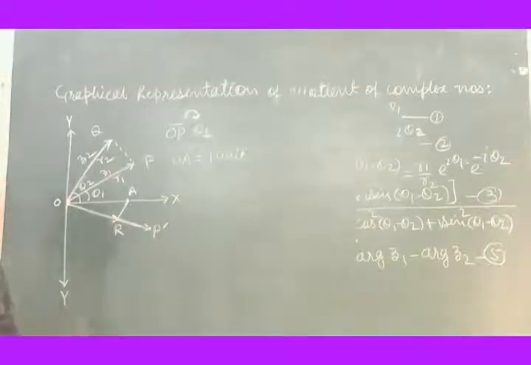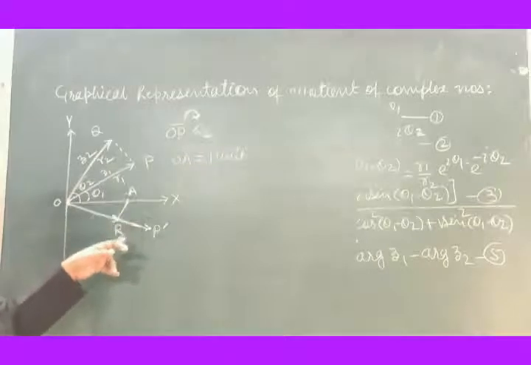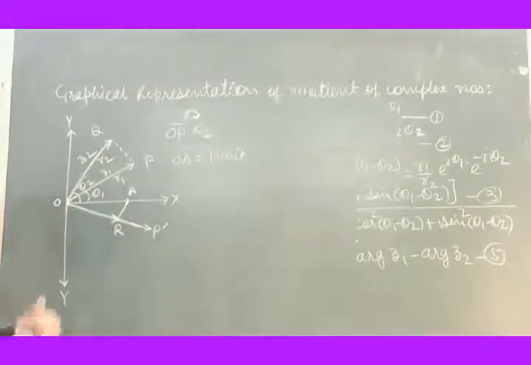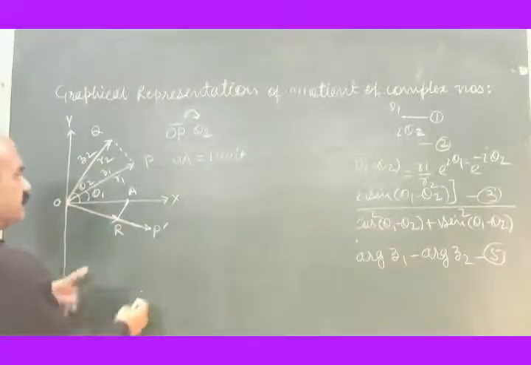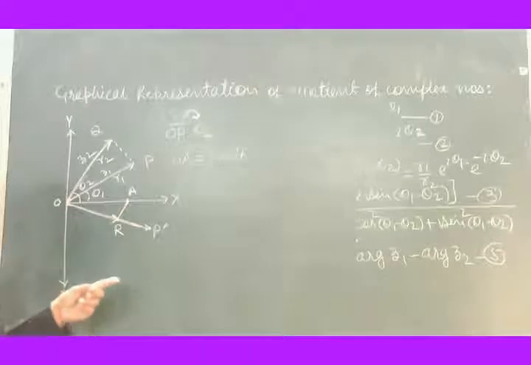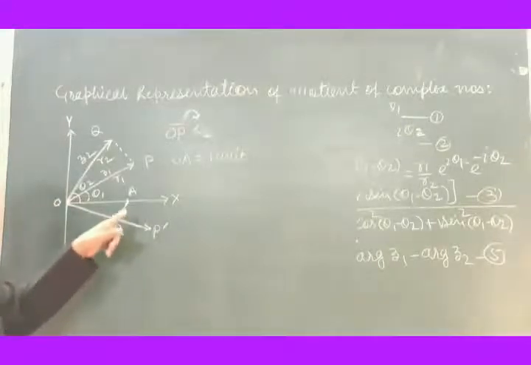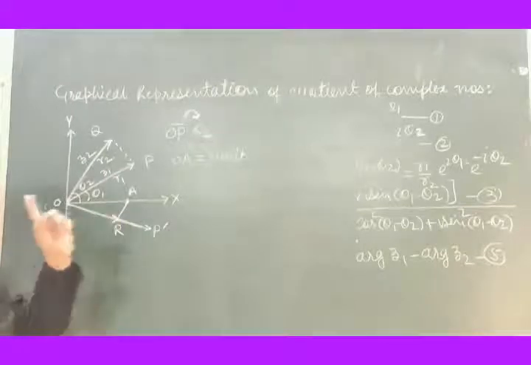Draw a line AR from A which meets OP dash in the point R such that, how you have to draw a line here? You can't have freedom to draw the line in any way. There is a rule. What rule we have to follow here while drawing the line AR from A?